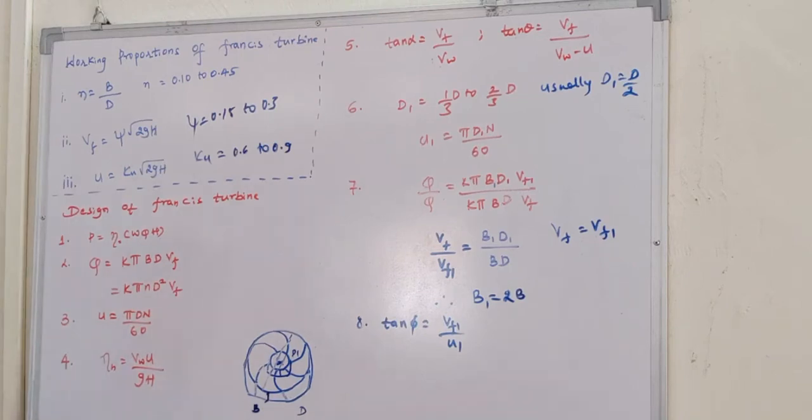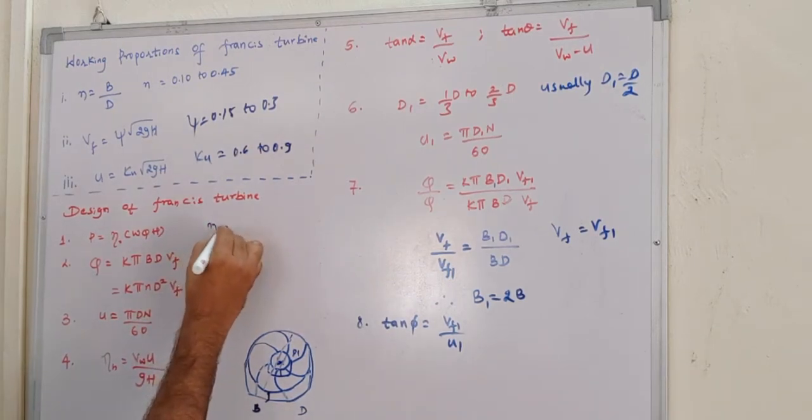Going with the design of the Francis turbine, we already know that whenever we want to design any turbine, we basically want to generate some amount of power at the shaft. The power at the shaft is given by this equation which you already knew. Overall efficiency is equal to what?